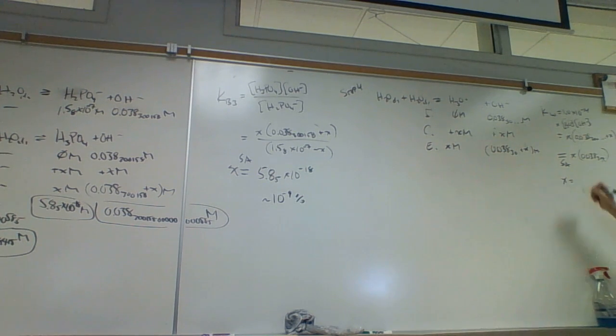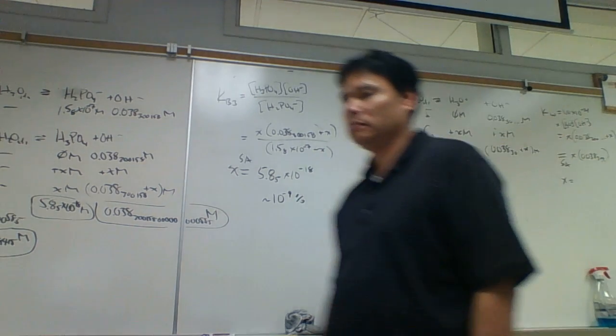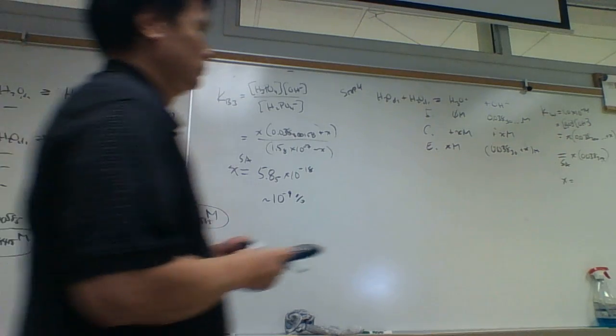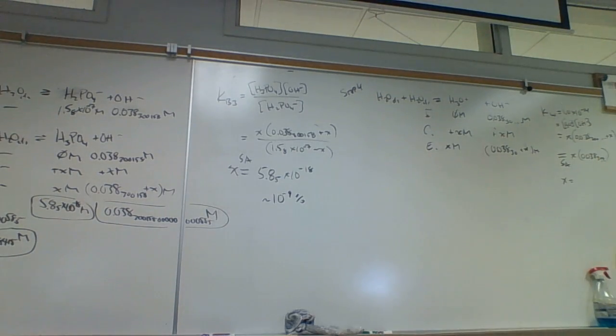And so therefore X is equal to 2.61 times 10 to the negative 13. That's what I get. 2.61 times 10 to the negative 13.